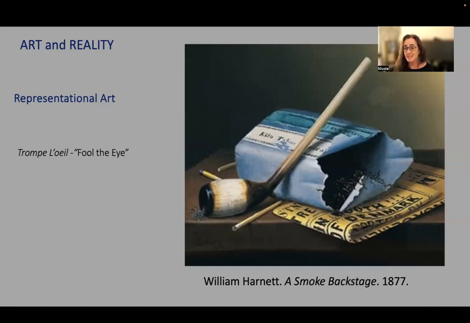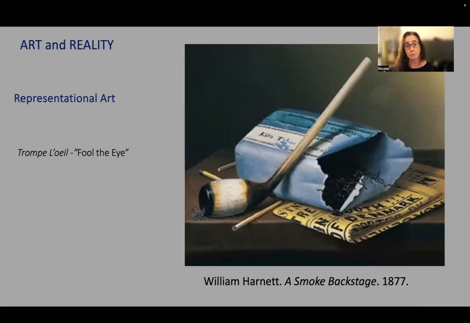Or they can invent something that has not yet been seen. Right? So any of those starting points can happen. And we'll take a look at some examples of representational art that has a little of each of those qualities, right? Okay. So representational art in general depicts the appearances of things.